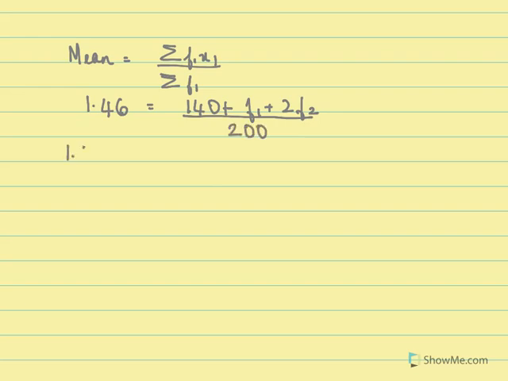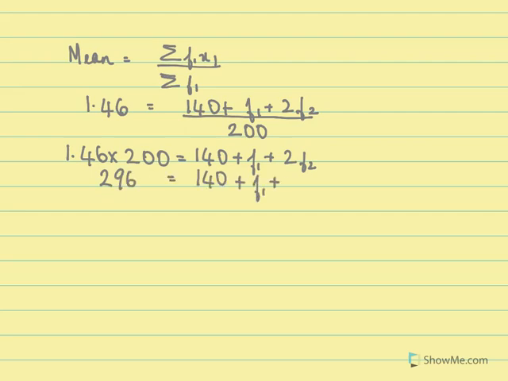When we cross multiply, we get 1.46 into 100 equal to 140 plus F1 plus 2 F2. So I have 146 equal to 140 plus F1 plus 2 F2. 146 minus 140 is F1 plus 2 F2. So the equation here comes 6 equal to F1 plus 2 F2.